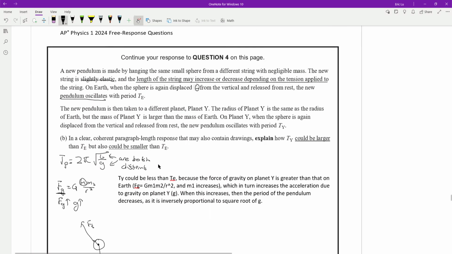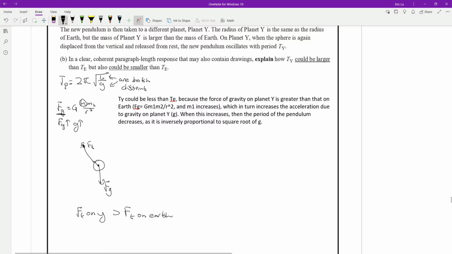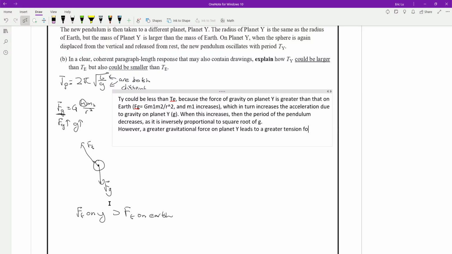And why is this important? Well, when tension increases and the string is elastic, that means that the length of the string also increases. So if the length of the string also increases, that means that Tp would also increase if the increase in length outweighs the increase in g. However, a greater gravitational force on planet Y leads to a greater tension force on the string.